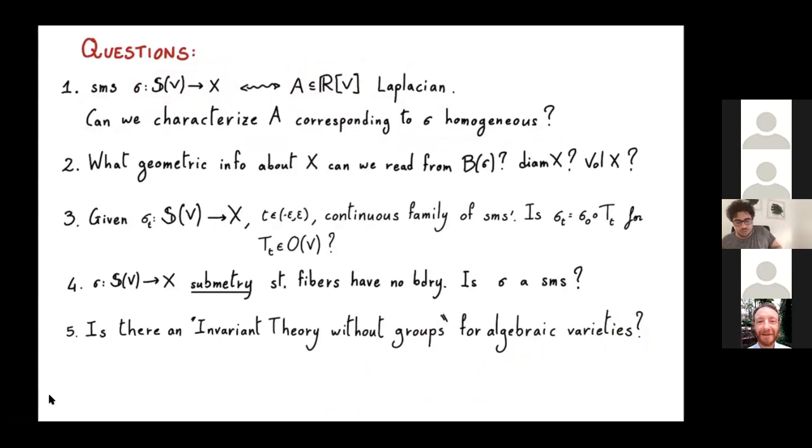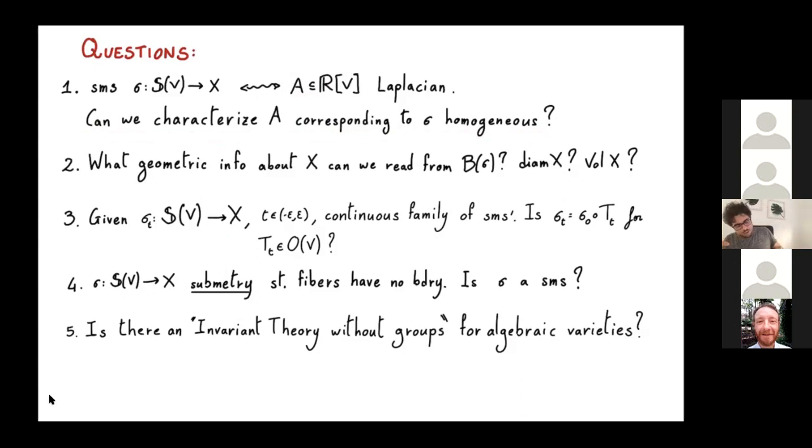So the first question is: is it possible to characterize at the level of algebras which algebras come from homogeneous settings or not? This would be extremely useful in the case of homogeneous isoparametric foliations.